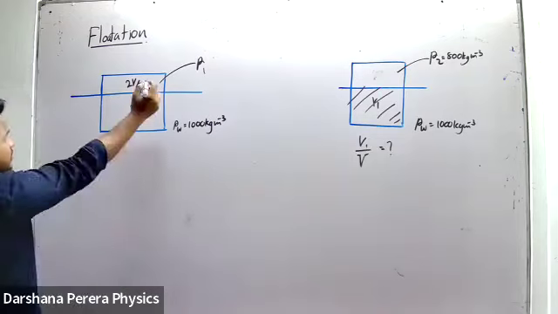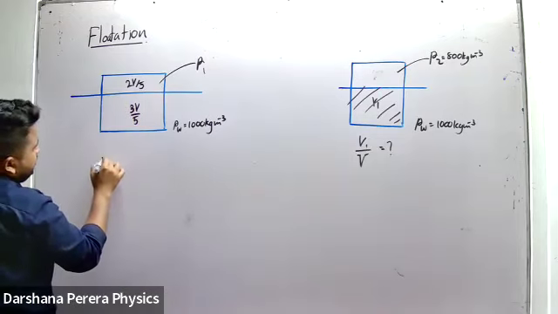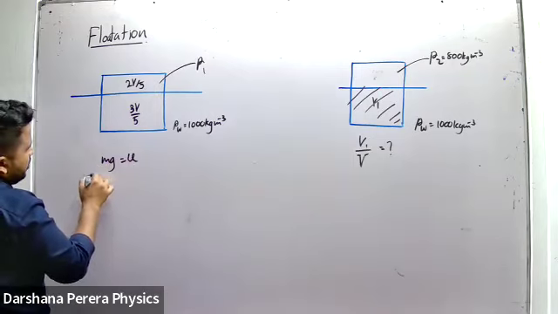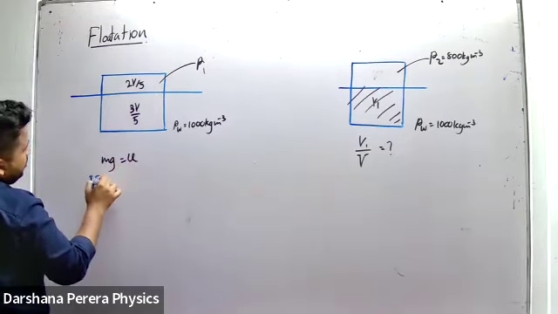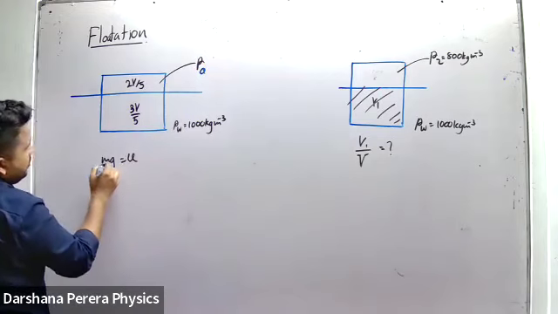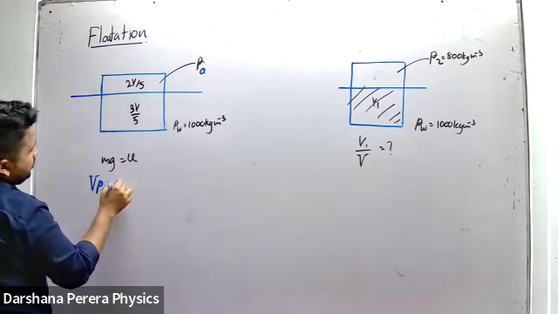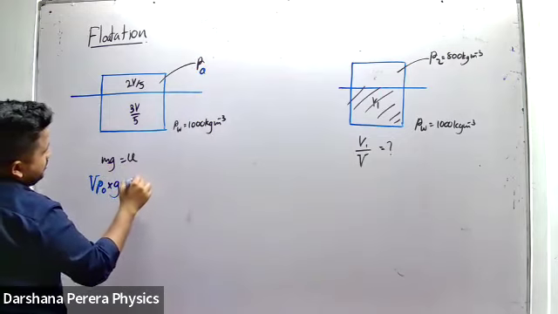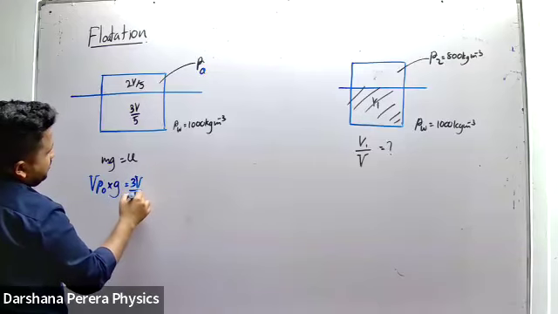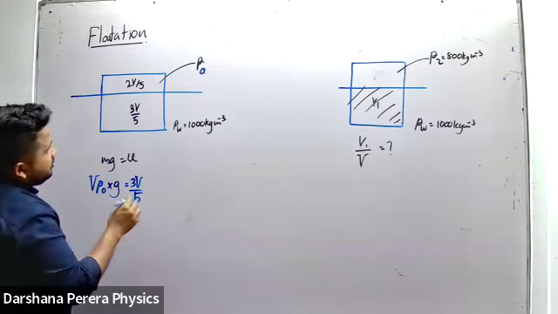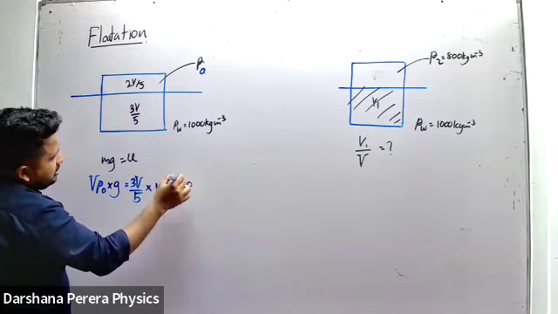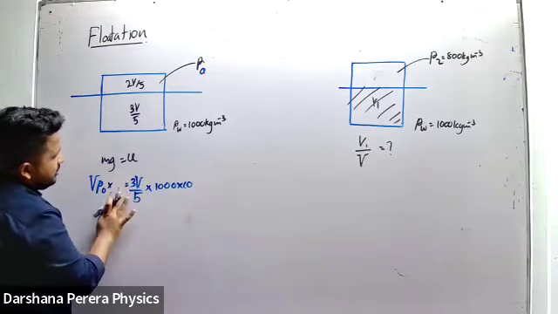So we know mg equals u. Mg means total volume over rho naught into g. u equals submerged volume, 3/5 V, into 1000 into g. g is 10.